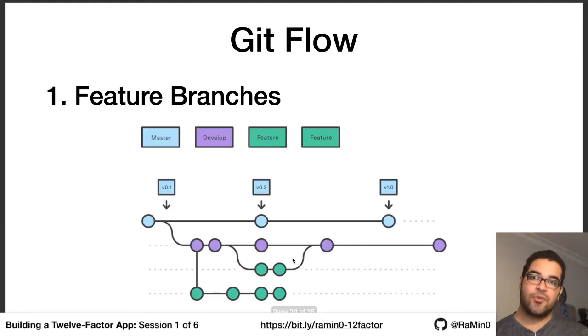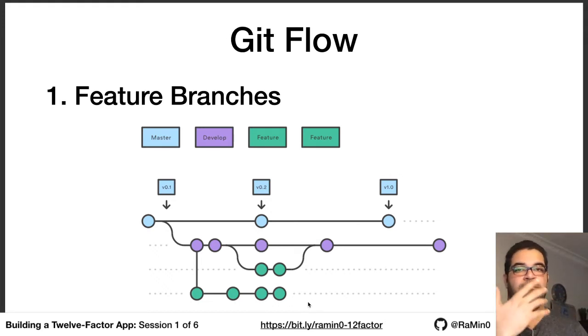And you can see this visually here. We can see the two lines, the blue and purple lines, as from before. What's new here is the green lines. There are two green lines here, which means that two of your team members are working on two new features in parallel.